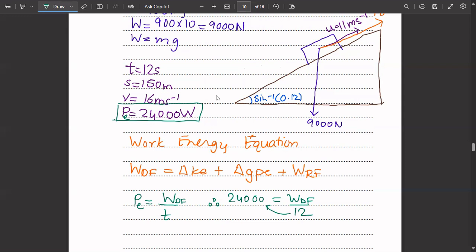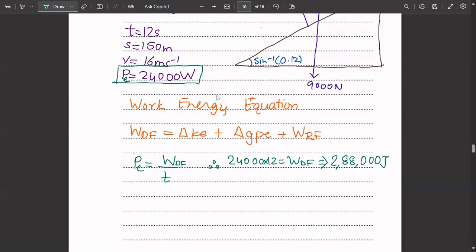So 24,000 into 12 is equal to work done by driving force. If I put this in the calculator, 24,000 into 12, that is 2,88,000 joule.